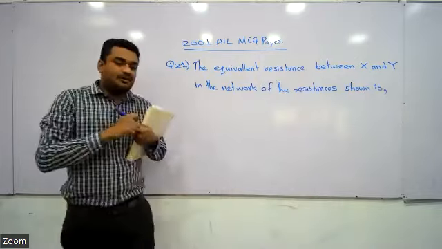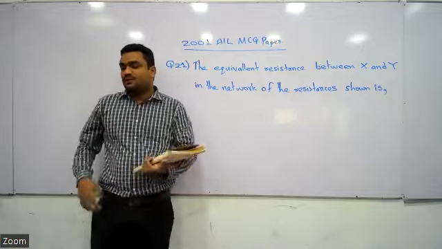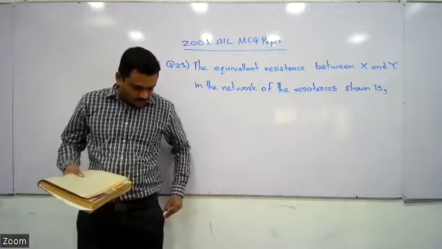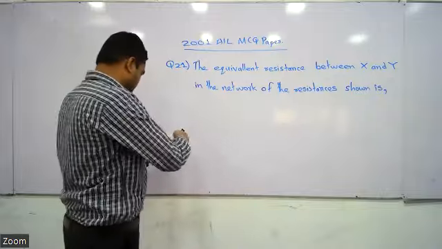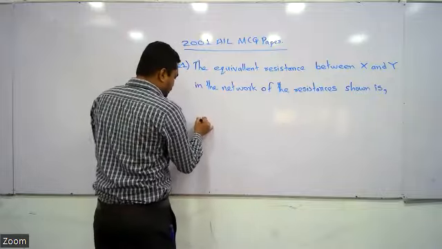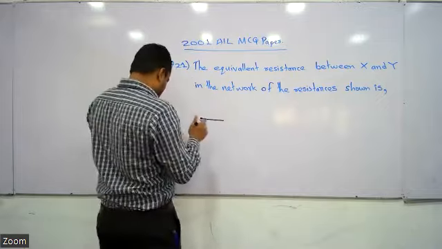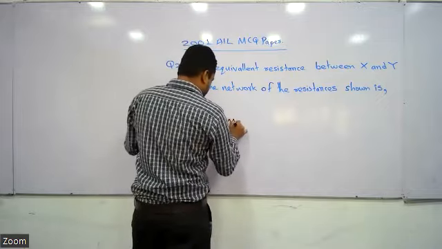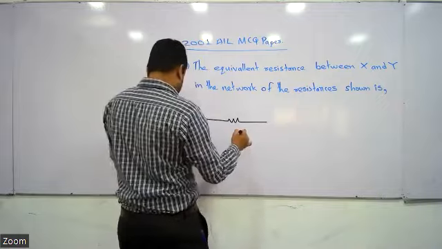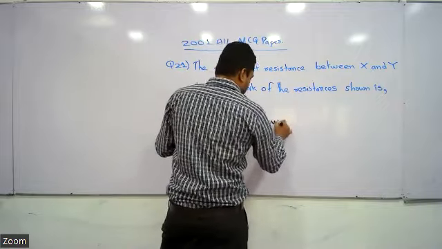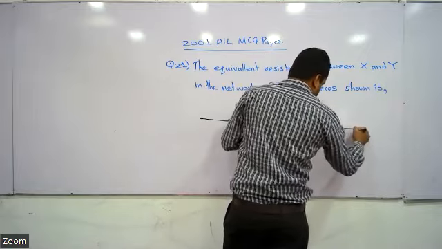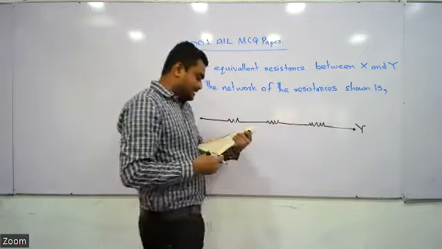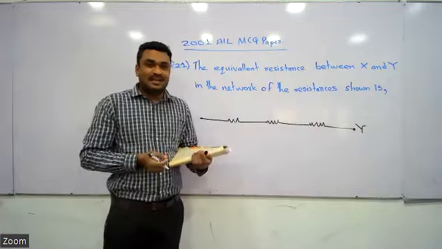Right. So they have given us a circuit. We should find the equivalent resistance between X and Y. This is the point X. There is a resistor here. There is another resistor. After that, there is another resistor. This is Y. So if the circuit is given like this, you will be very happy.